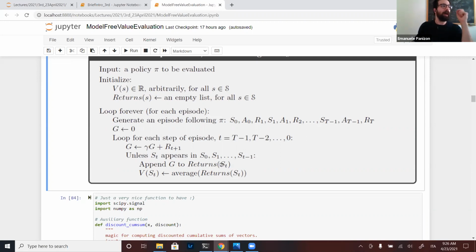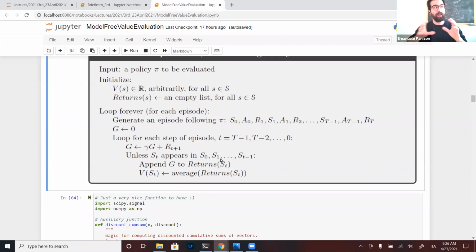For example, I do the first trajectory and I calculate that the state 0, I found it, and the return from that was 3. Then I do another trajectory and for the state 0, I found a return of 5. So I will keep in memory 3, 5. I do another trajectory and I never find the state 0. Okay, I do another trajectory and I find again 5.